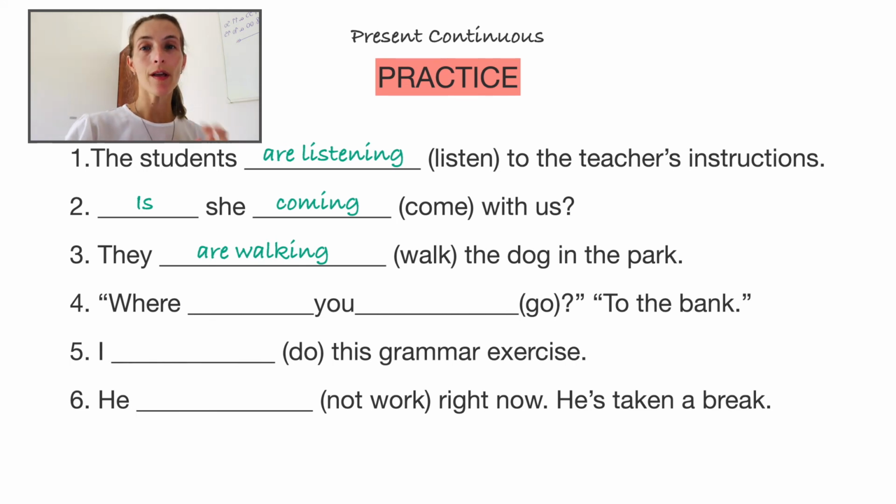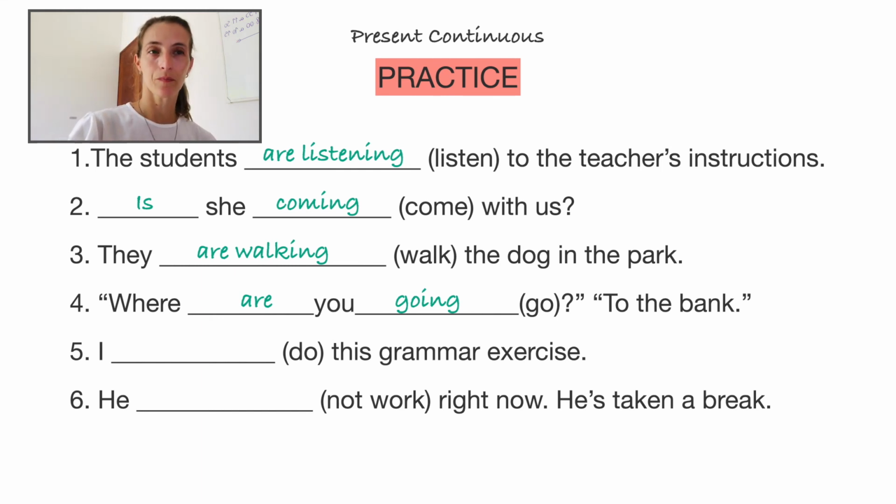Now, 4, we have another question. Tenemos otra pregunta que en este caso comienza con where. ¿A dónde? ¿O dónde? ¿Sí? Y como tenemos you como sujeto de la pregunta, voy a necesitar poner are. Where are you going? To the bank. ¿A dónde estás yendo? ¿O a dónde vas?